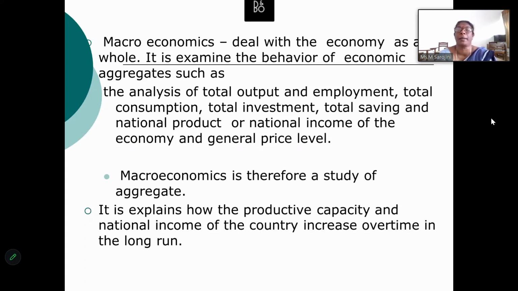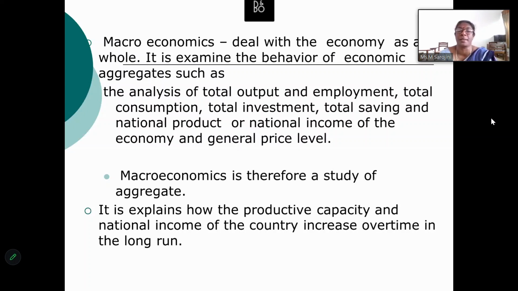That means it examines the behavior of economic aggregates, such as total output rather than a single output, or a single market's output, or a single individual's output. Employment in the economy, total consumption, not individual consumption, total investment, total saving, and national product, not the individual product, the national income of the economy, and the general price level rather than one commodity's price.